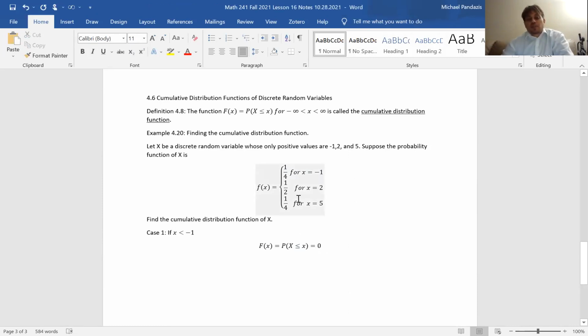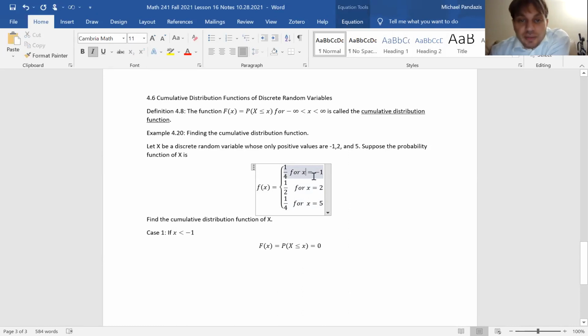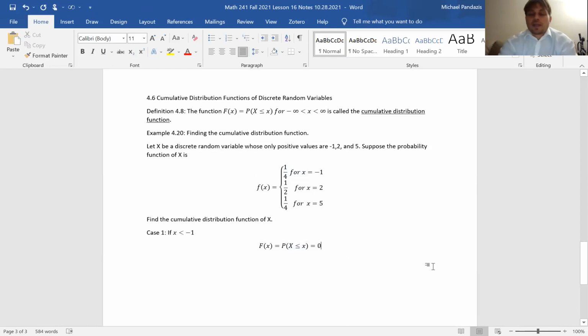The reason is that the smallest value of x with some positive probability is x equals -1, where the probability that capital X equals -1 is 1/4. But for any value of little x less than -1, the probability is 0. And so the probability that capital X is at most a number strictly less than -1 is 0. Okay. Case two.